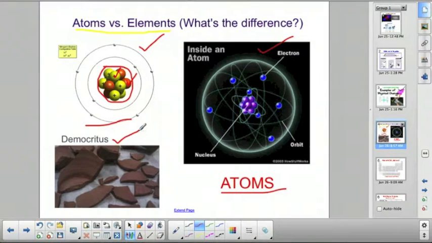Essentially, the term atom is Greek for the smallest part of something, which makes sense, right? Because we said at the beginning that atoms are the building blocks of matter. And if they're the building blocks of matter, then they're like the smallest parts. They're like the little individual Lego pieces that you would use to build bigger Lego structures. Okay, so they're the smallest parts.